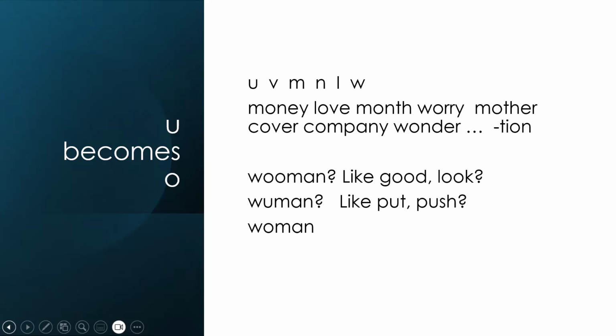Woman is often held up as a truly exceptional word, a truly weird one. There are two ways to make the oo sound. The double O of good and look, or the U of port and push. Double O could be mistaken for woo man, a person whose function is to woo a man. That would never do.